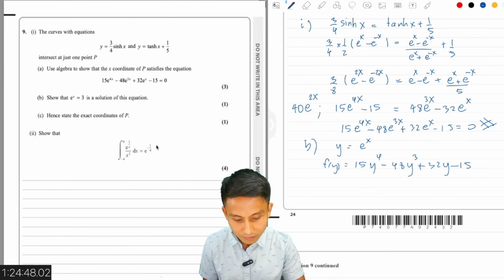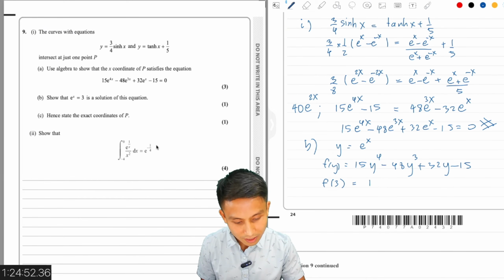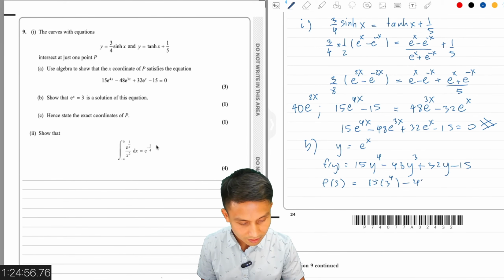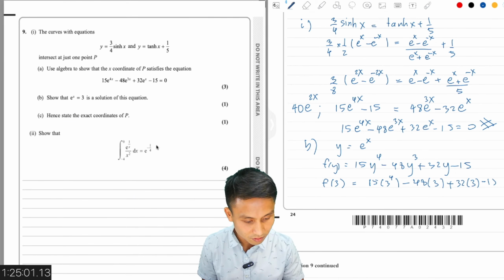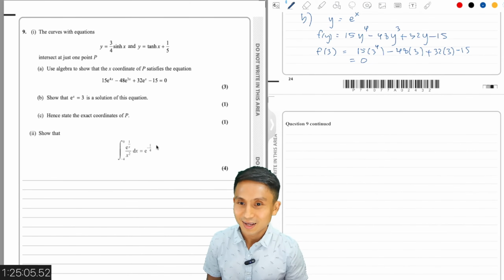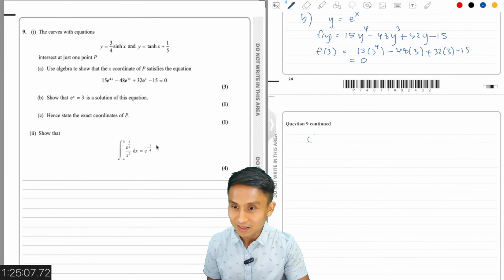And if we do f(3), I'm just going to write this. And I'm sure that this will go to 0. Yeah, because that's just the root using the factor theorem. Yeah, so that's it. I think I'm going to go with that.